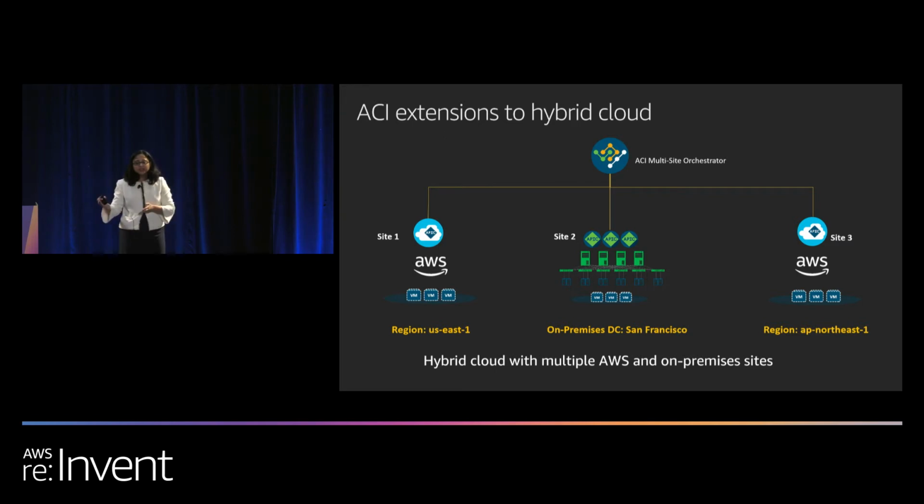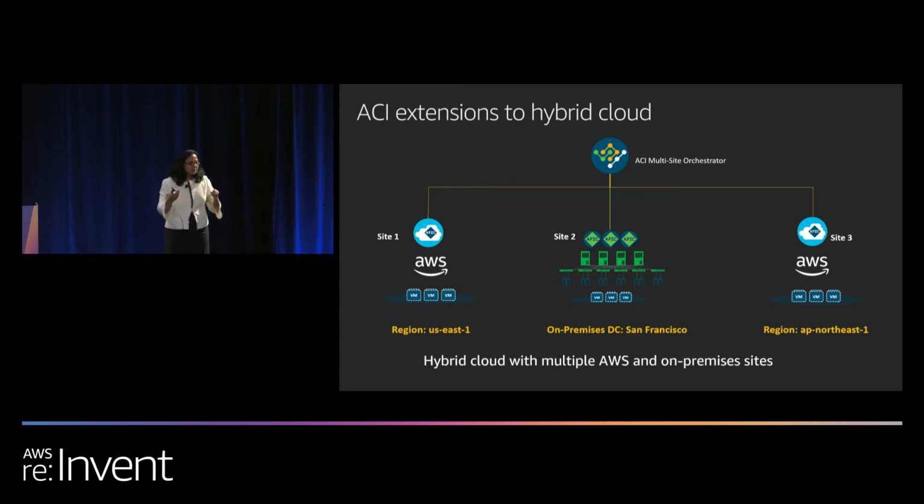And then the third thing you would do is render these policies dynamically. What do I mean by that? Anytime a new EC2 instance comes up, identify what group it is part of and program the policies accordingly. So here, as an example, if you have configured this particular rule, allow HTTPS traffic, anytime the EC2 instance comes up, you would program the security group rule for that EC2 instance within AWS.